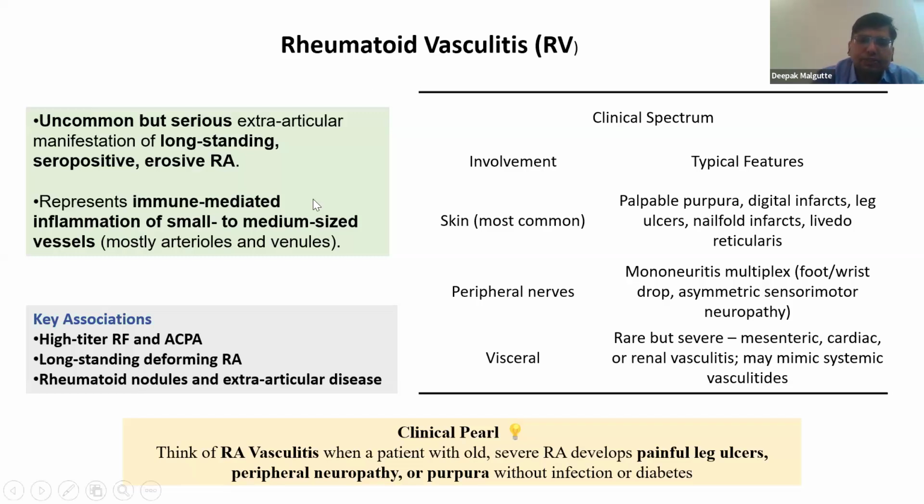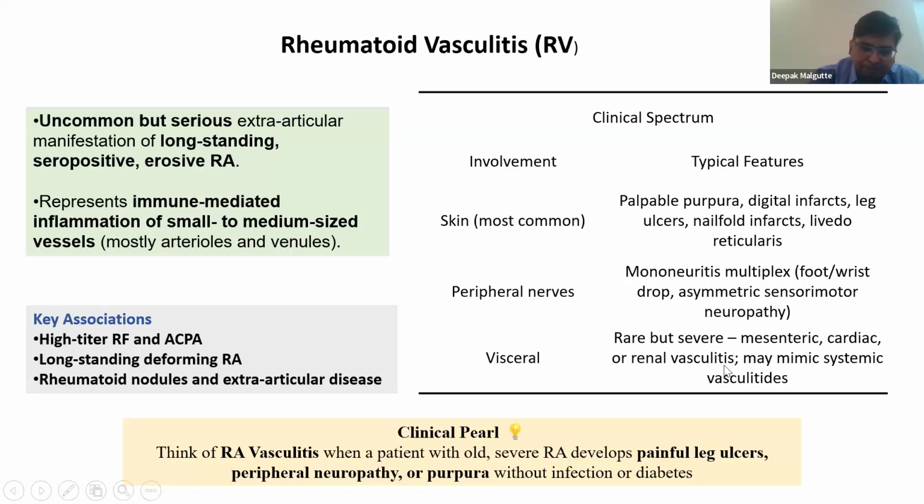The commonest presentation usually involves the skin, where they can present with purpura or digital infarct or leg ulcer or nail fold infarct or livedo reticularis. Sometimes they can present with mononeuritis multiplex, causing foot or wrist drop or asymmetric sensory motor neuropathy. And sometimes it can cause visceral involvement in the form of mesenteric, cardiac, or renal vasculitis, though very less commonly seen.